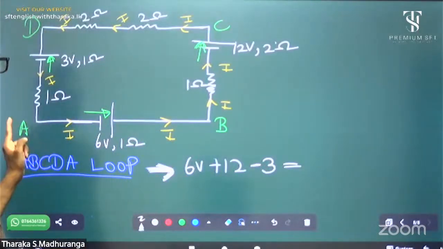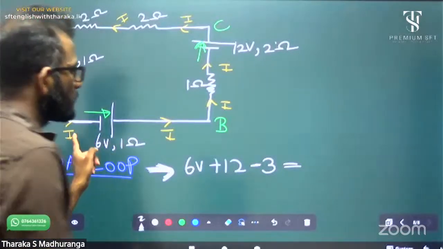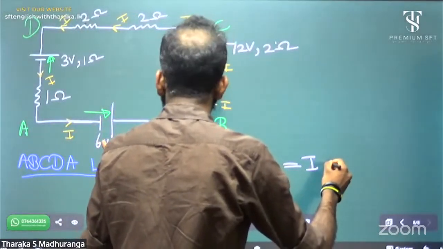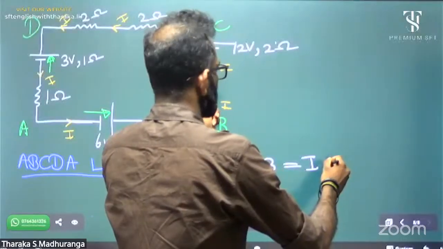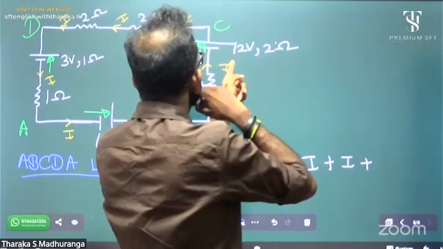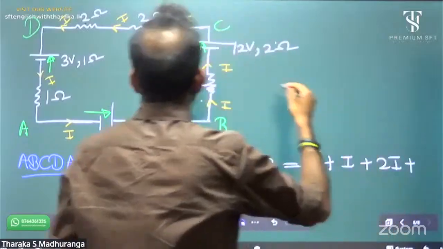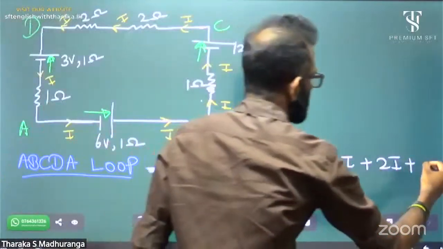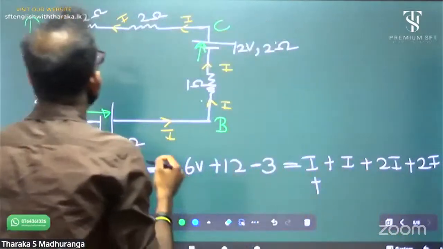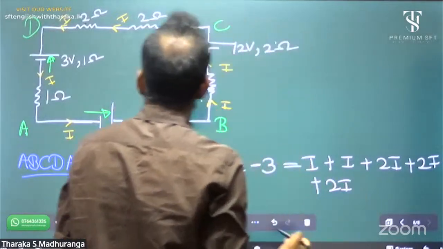I'm going to come to point A again. I: my direction and current direction same, I. Again I, my direction same. 2I, my direction same, 2I plus again 2I, because same direction.